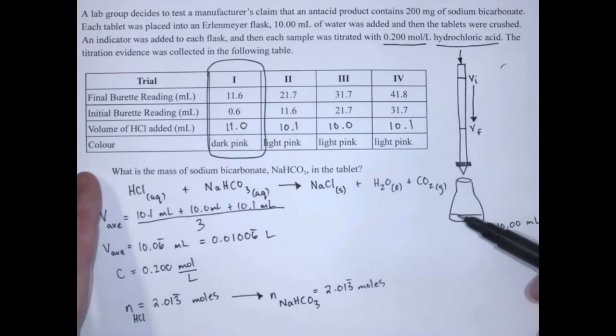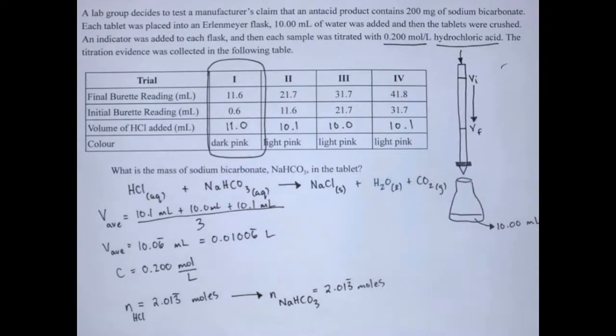And that's why when you hit the end point, it should give off the light pink color telling you it's been a neutralized solution. You completely neutralized the sodium bicarbonate, because it's acting like the base in this case. So we use the mole ratio here to determine the number of moles of sodium bicarbonate.